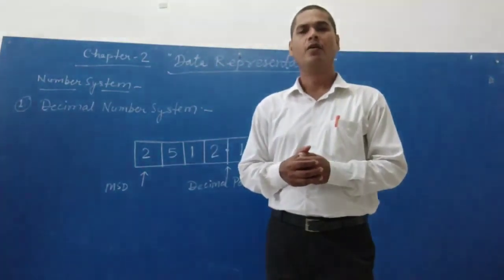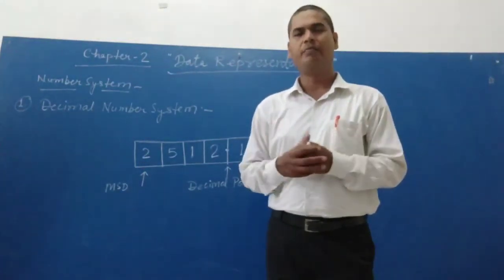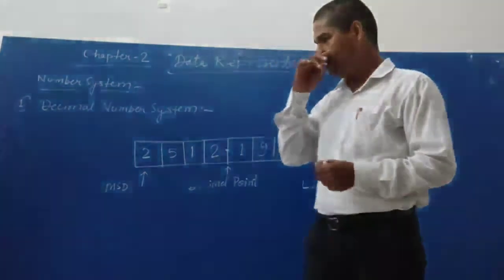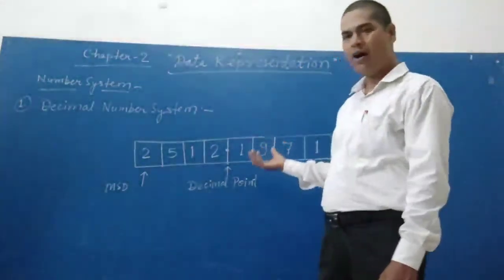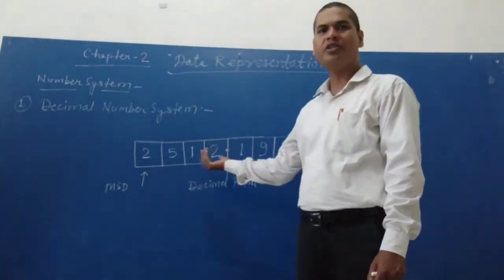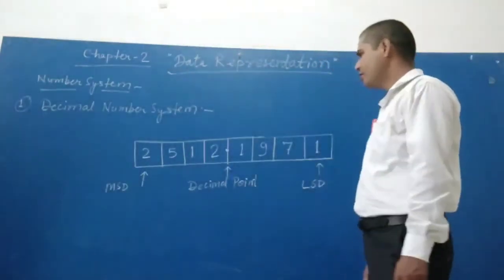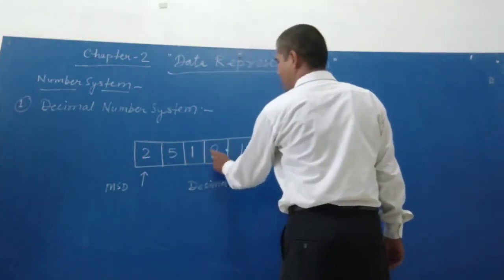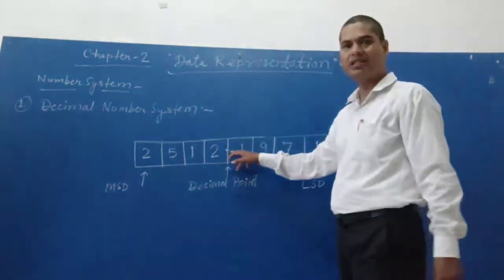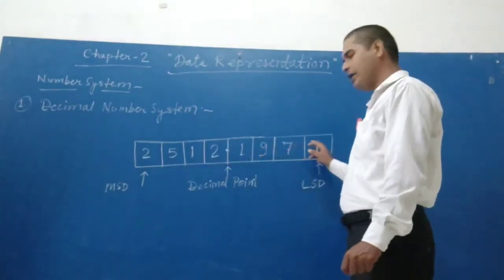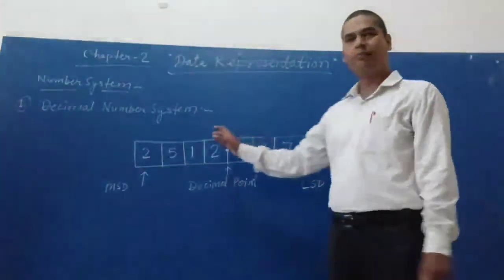The decimal number system is a positional value system. Positional value system means how data is represented and what their positional value is. Suppose there is a number 2512.1971.